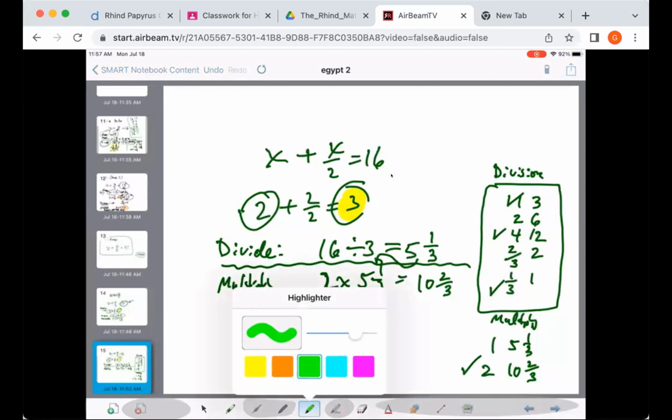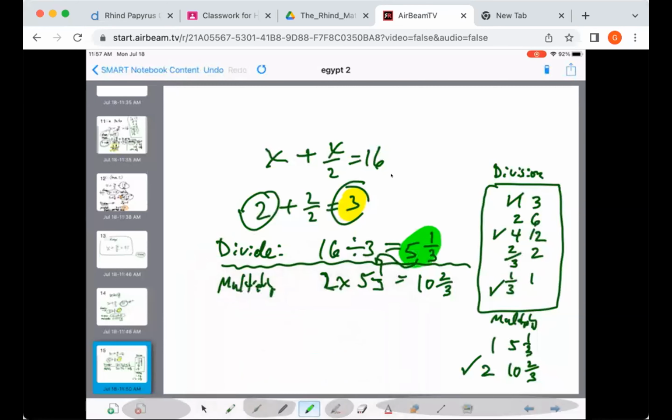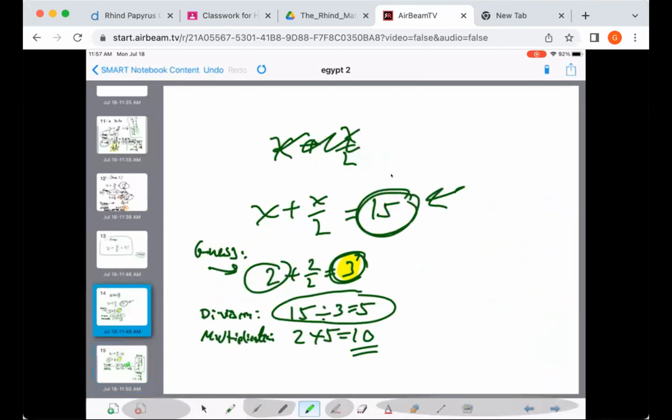That's the magic number. That's what my answer was off by also, because the 3 was off by 5 1/3. You have to multiply 3 times 5 1/3 to become 16. So this 5 1/3 is 16 divided by 3, just like the 5 in this example was 15 divided by 3.